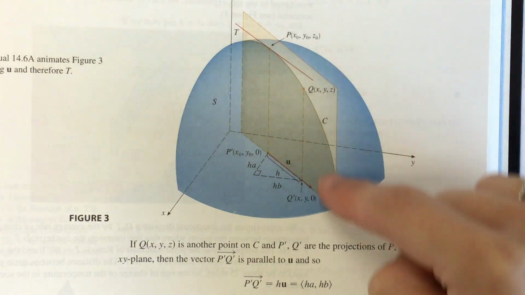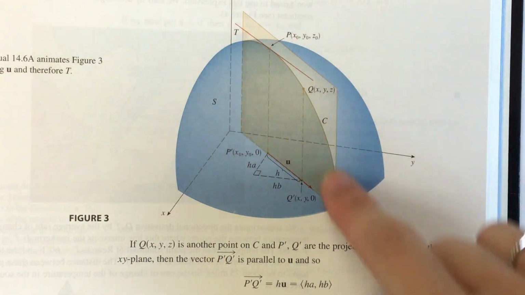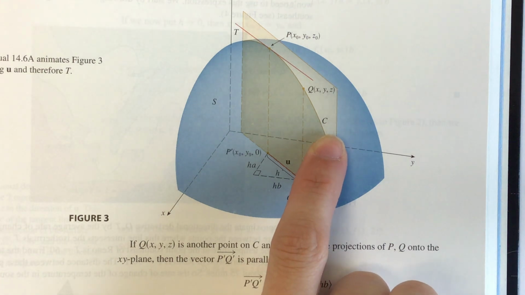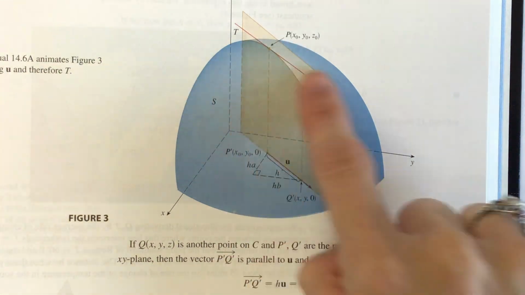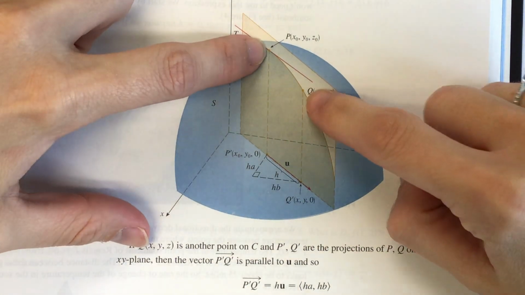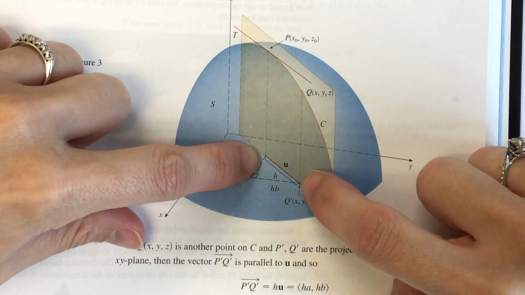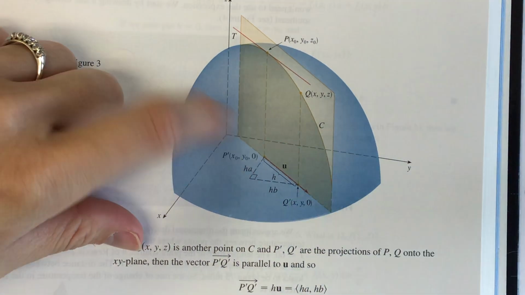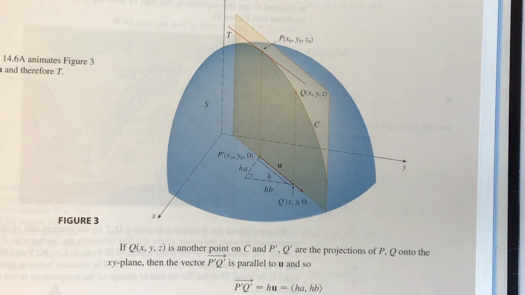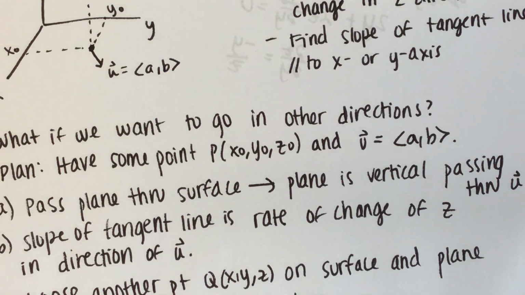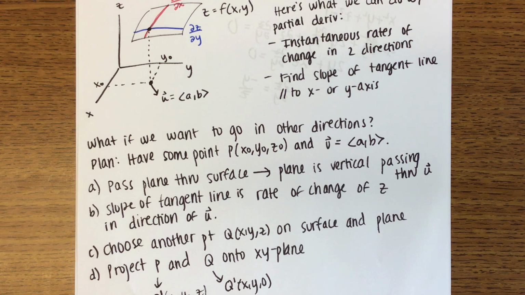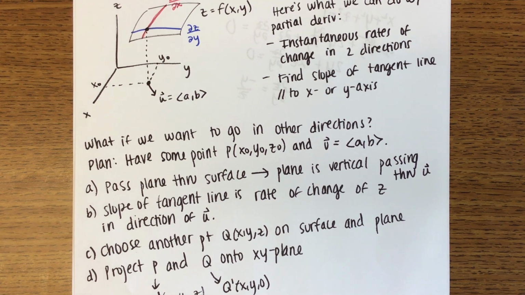I guess not really a line, this intersection, this curve C. So we choose some other point Q that is on both the plane and the surface. And then what we did is we projected P and Q down onto the XY plane. So what you can see is that they lie on our direction vector u. With me so far? Okay. So like I said, we're almost done with getting to how we actually calculate this.